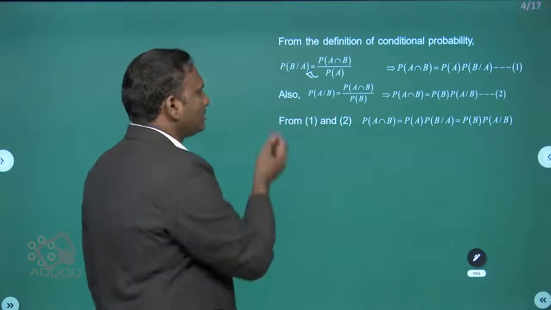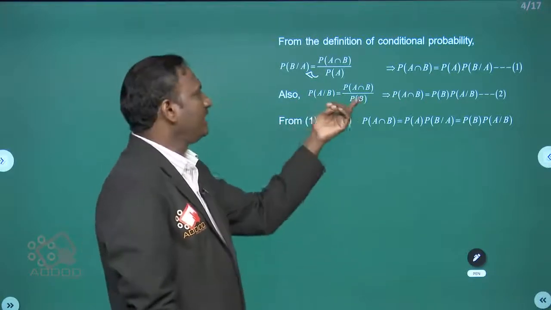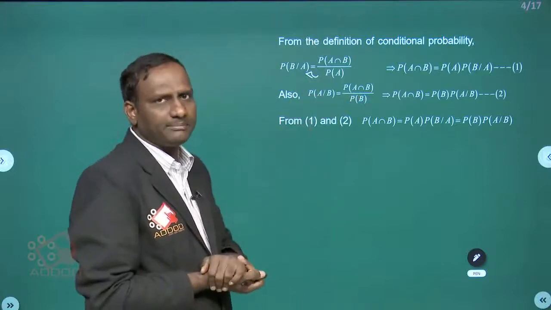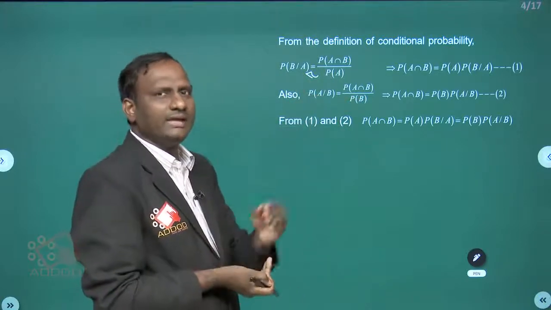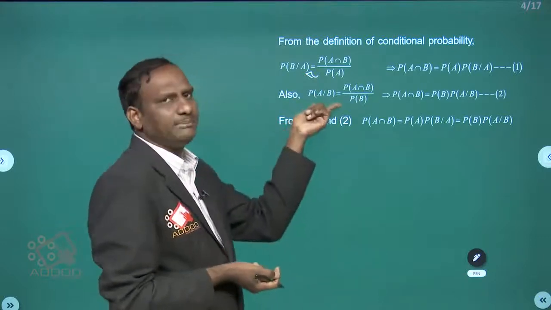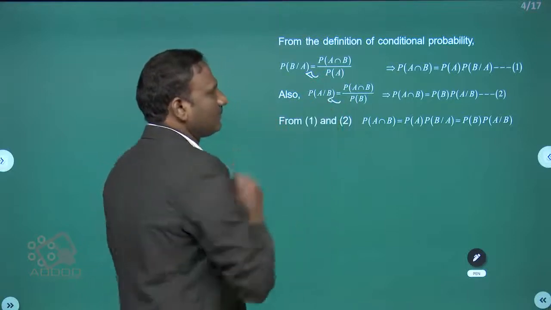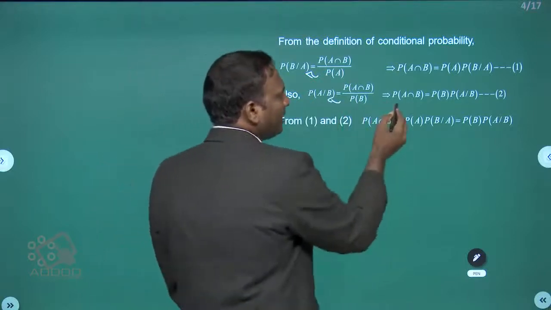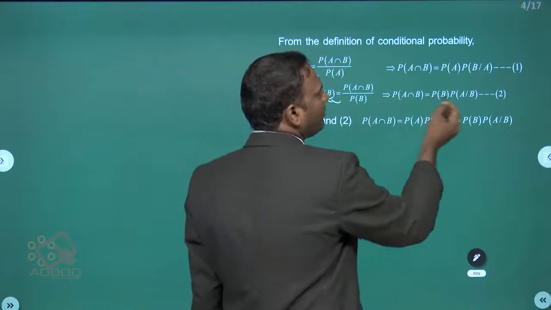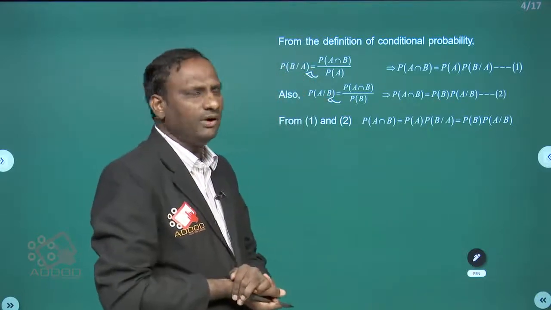Coming to condition number 2, A is happening after the happening of B, which we write as P of A given B. Cross multiplying the denominator, P of A intersection B is equal to P of B into P of A given B.